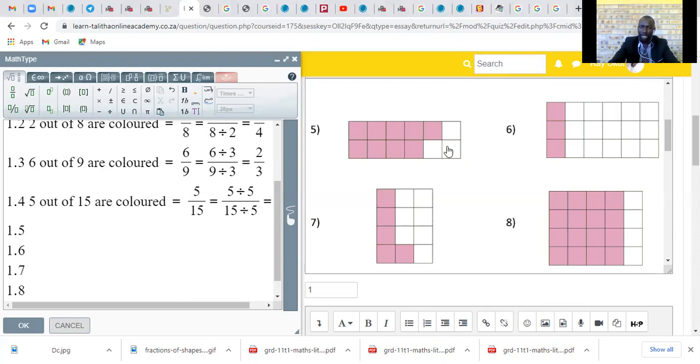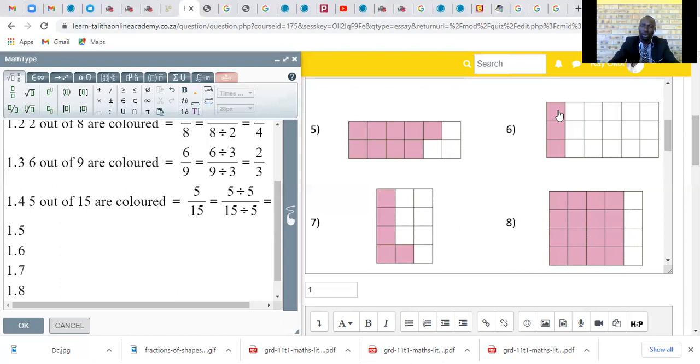Out of 12 squares are colored. Now, after getting it in that statement form, you want to write it as a fractional notation. So you will then be having 9 out of 12. And you can go ahead to reduce it.